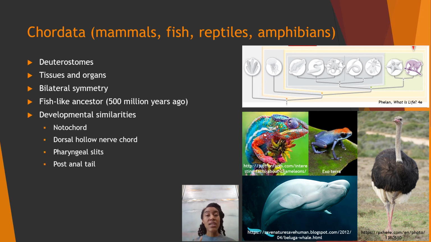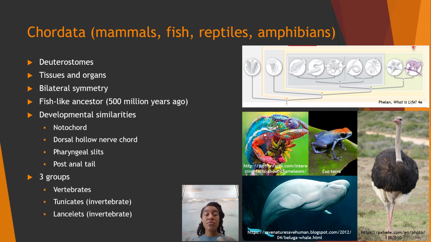There are some key developmental similarities for an organism to be considered a chordate. They have to have a notochord, a dorsal hollow nerve cord, pharyngeal gills, and a post-anal tail at some point in their development. So they may not have these features as an adult, but they have to have them in their early developmental stages.